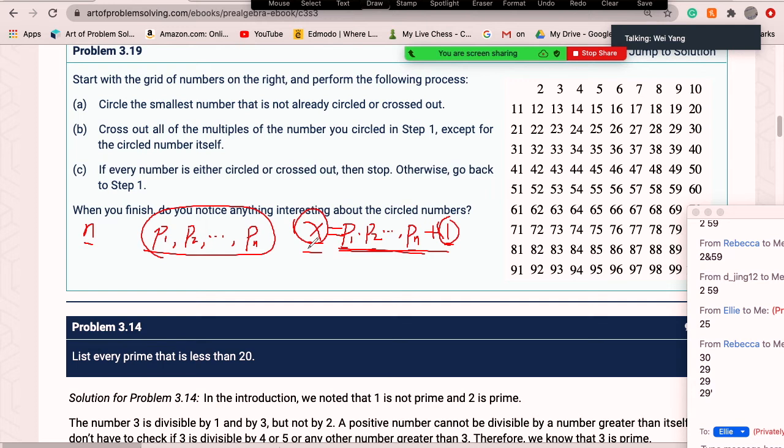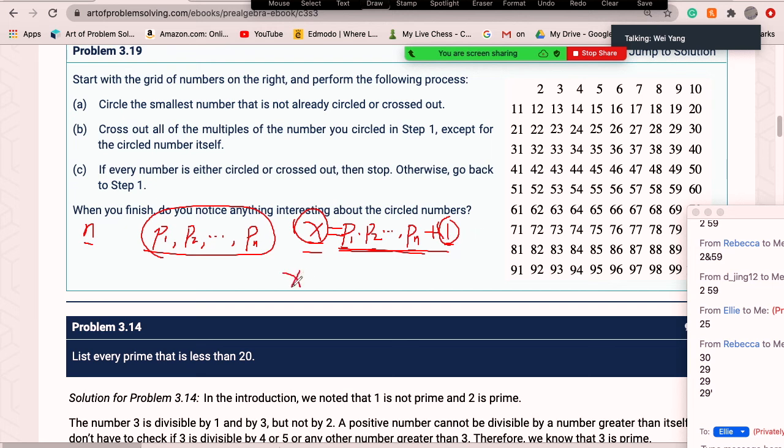So what is x? Is x a prime number or a composite number? Here there will be a contradiction. x is bigger than all these prime numbers, right? Because x equals the product of all these prime numbers plus 1.